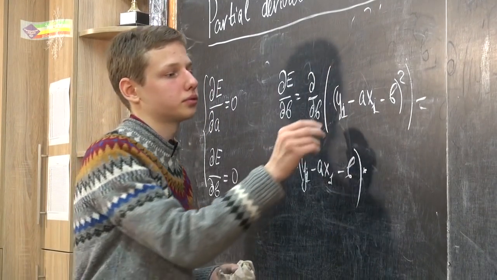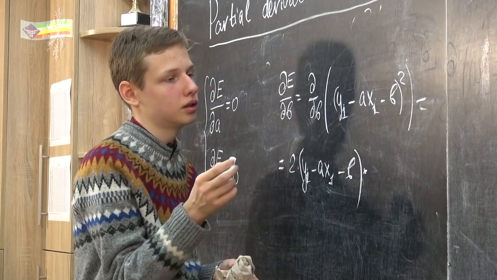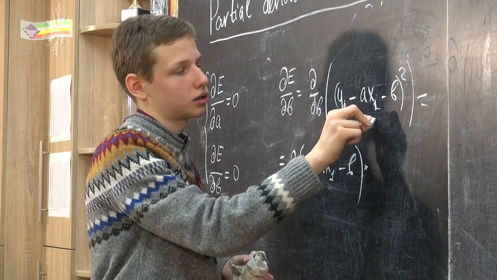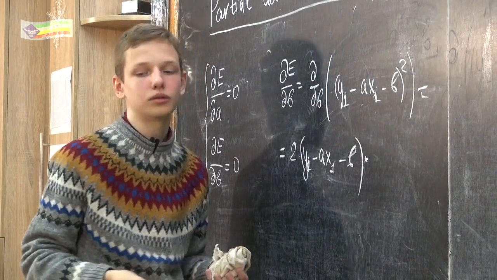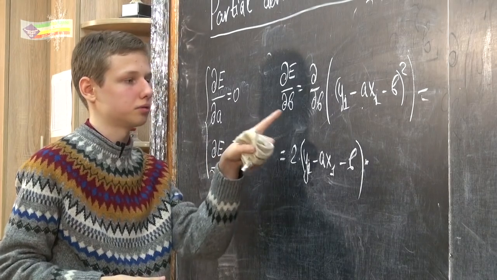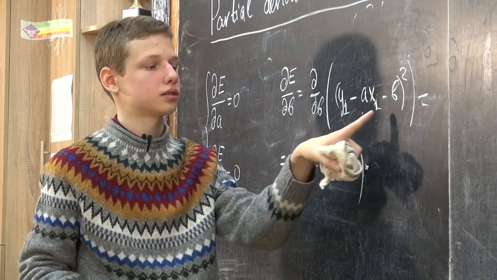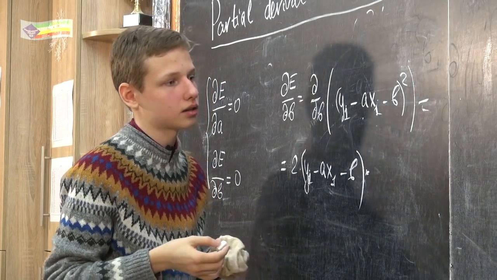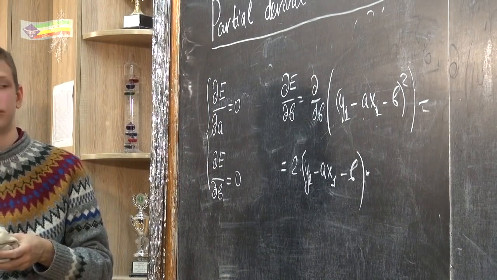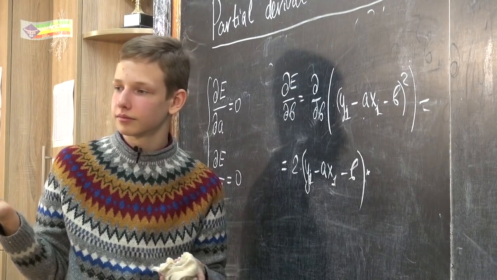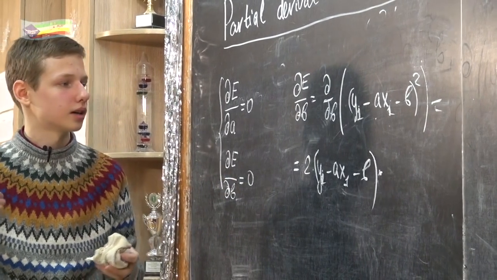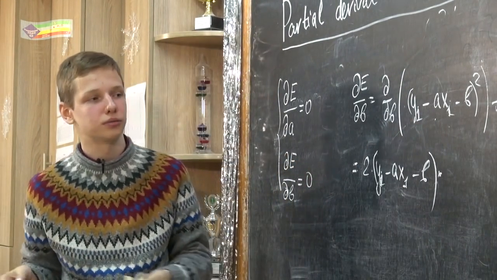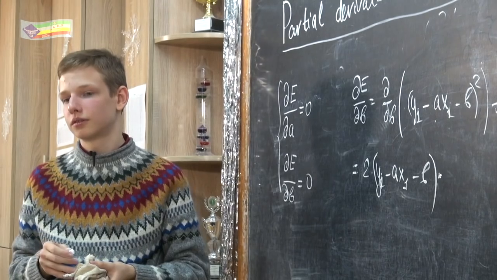Because this is a constant, this is a constant, and a is a constant too, since we are taking the partial derivative with respect to b, b is not a constant, and the derivative of minus b with respect to b is equal to -1.